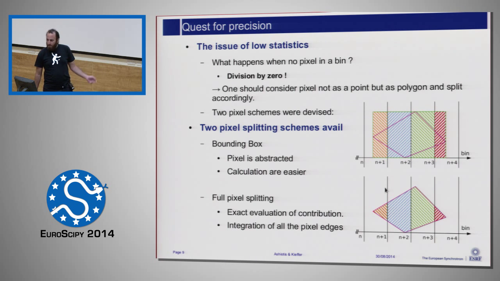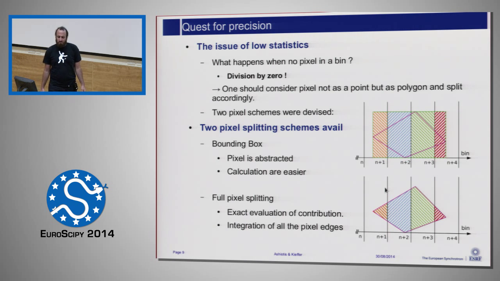We devised 2 pixel splitting schemes. The first one initially was based on the bounding box, which is in principle an abstraction of the pixel by a rectangular box that circumscribes the pixel and has its sides parallel to our space's axis. Instead of using the area of the pixel segment to calculate the contribution, we use the area of the bounding box segment.